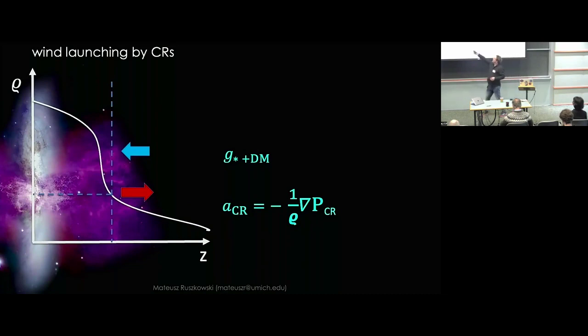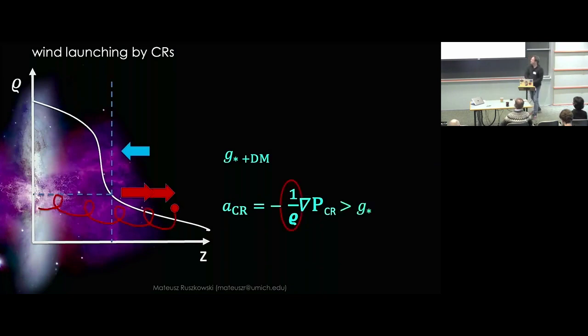So this is density as a function of height above a disk, and you have a balance here between gravitational force and pressure force due to cosmic rays. Now, perfect balance, right? And now we go back a slide or two and introduce the relative motion of cosmic rays with respect to the gas, this transport process, streaming or diffusion.